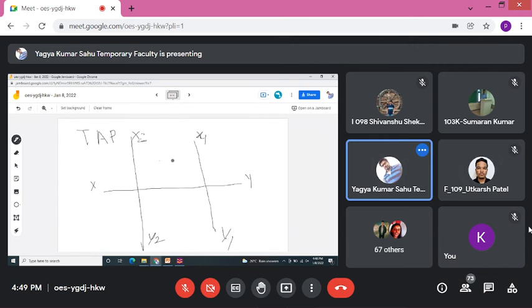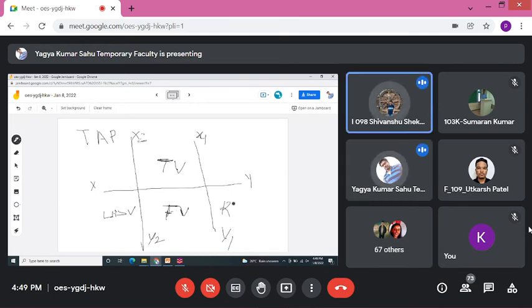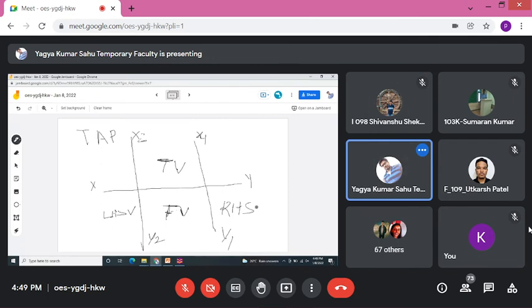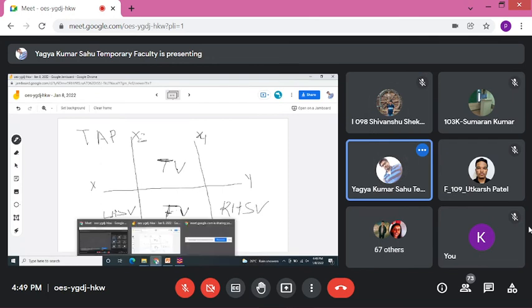Top view always. Okay, above xy you will get top view always. Below xy, front view always. Okay. Now what about left hand side view? On the left hand side of front view, okay, left hand side view. And what about the right hand side view? On the right hand side of front view, like this. Okay.